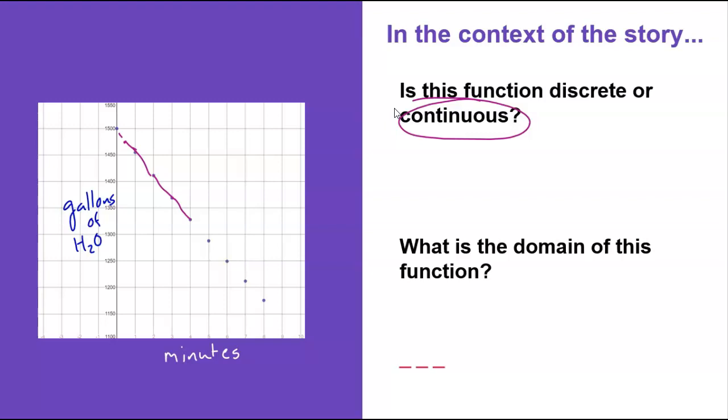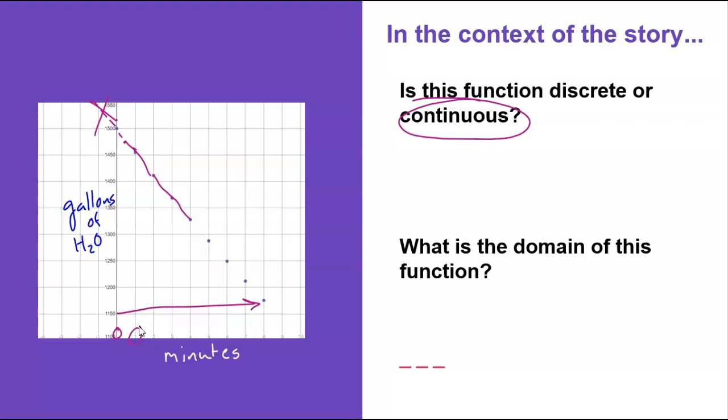And then what is the domain of this function? Well, let's see. Does it make sense to extend it behind this? Well, the pool only held 1,500 gallons. It definitely didn't have more water in it before we started draining it. So no, that doesn't make sense in the context of this story. It would have been an overflowing pool. So it looks like it starts at 0, but every value above 0 is valid.